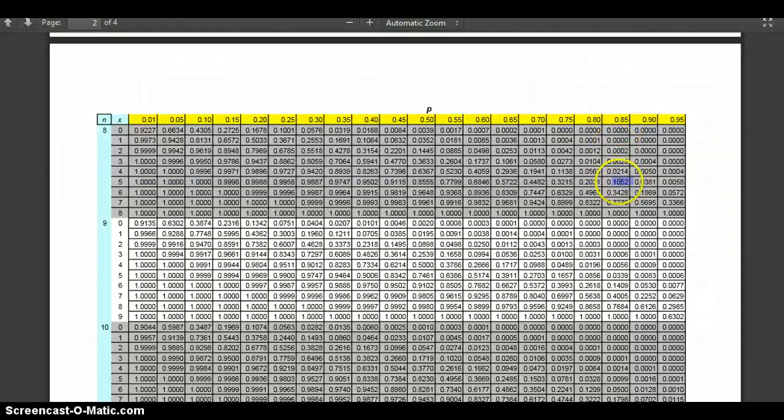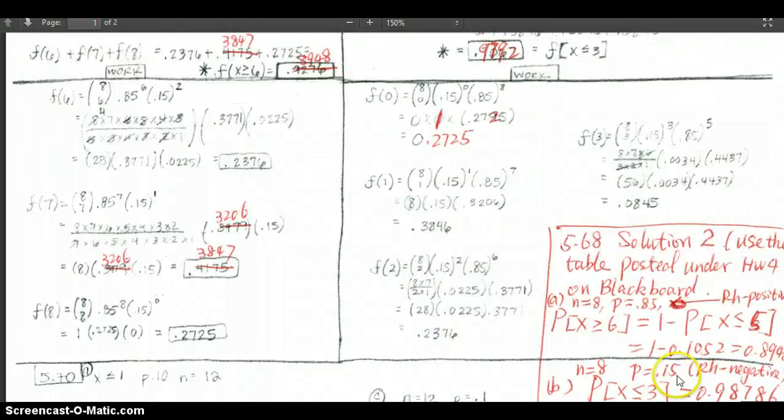I found this number right here, 0.1052, for at most 5. Then the probability of at least 6 is 1 minus the probability of at most 5. So that's how I get 0.8948, which is exactly the same as doing it the other way.